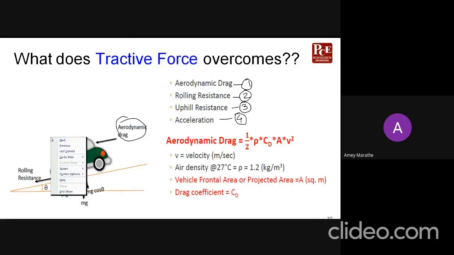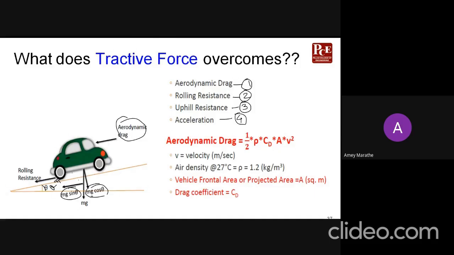So my rolling resistance is a property of vehicle tires, and the weight, this is simple mechanics. One component is along the ground, so mg sin theta, and one is mg cos theta. So this mg can be bifurcated into two components, out of which one component is again resisting. And this is the angle on which my vehicle is traveling.